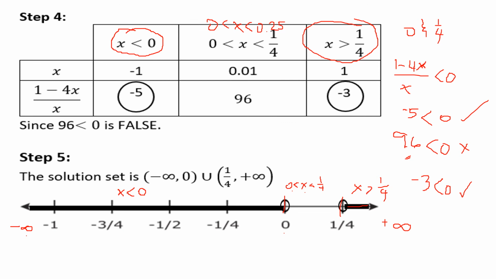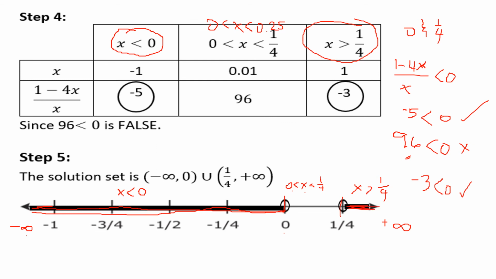Okay, so you get the intervals since negative 5 and negative 3 satisfied the inequality. For x less than 0, up to 0, we shade this part, meaning that all the possible numbers here can satisfy the inequality. Next, we have x greater than 1/4, which is also part of the solution set.